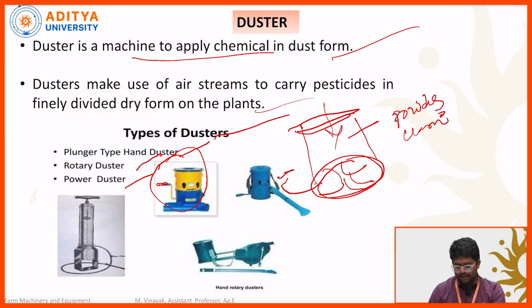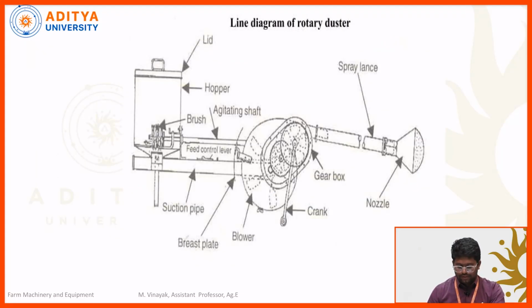Here the handle will be rotated in a circular direction. These blades will be rotated in a clockwise or anti-clockwise direction. So the powder will be discharged over the field onto the surface of the plant material. This is a line diagram of the rotary duster.